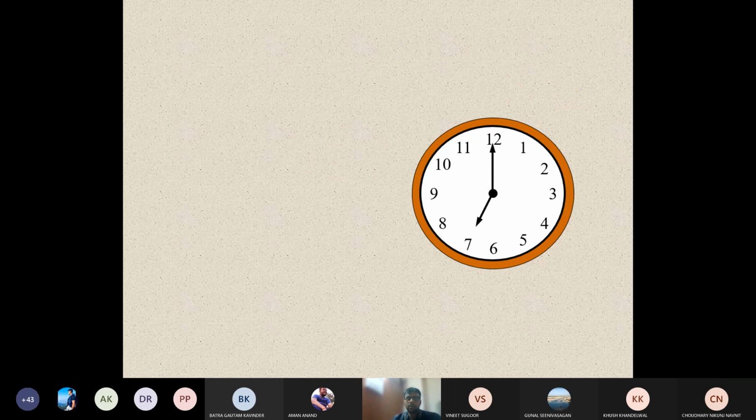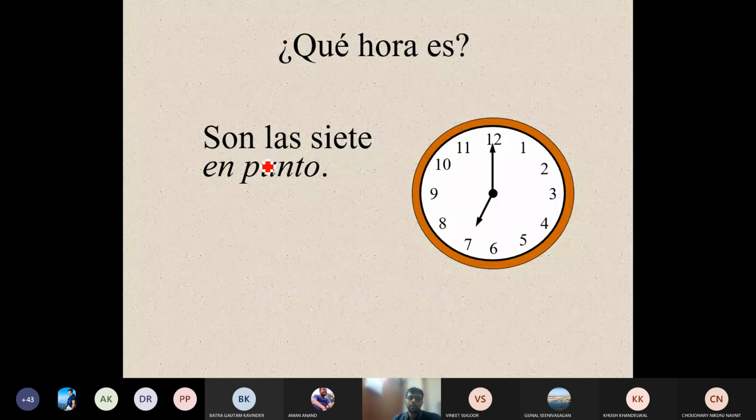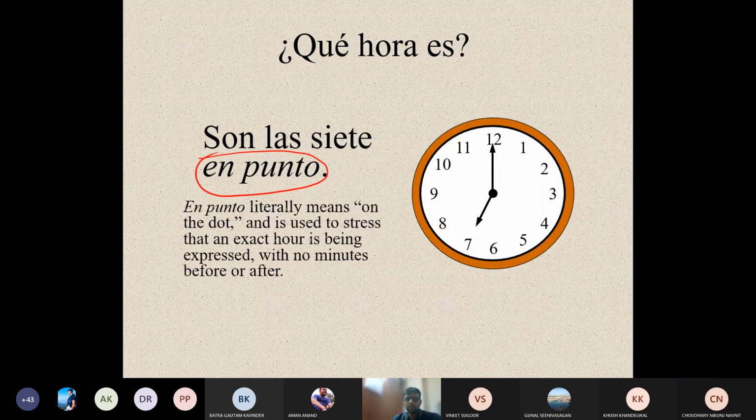This is the next situation, again not very complicated. This is something which we have already done. So it is 7 o'clock, but there is a small thing which you may need to add, that is en punto. En punto is sometimes used if you want to literally express on the dot.